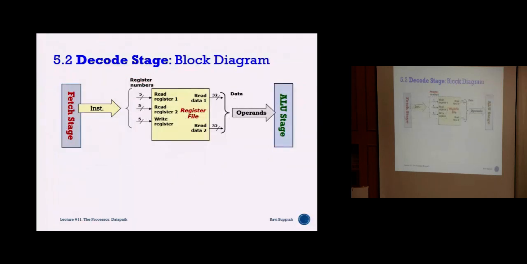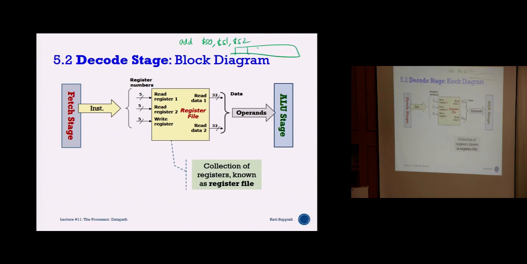So let's look at decoding. For my decode stage, when I look at my instruction, I have 3 registers. For example, if I take my add instruction, inside my instruction encoding, I have my RS, RT, and RD, 3 registers, correct?